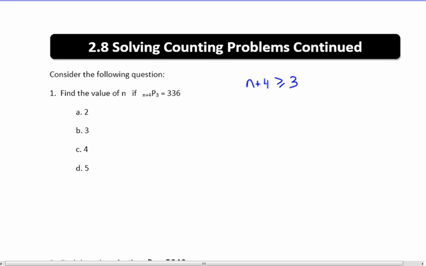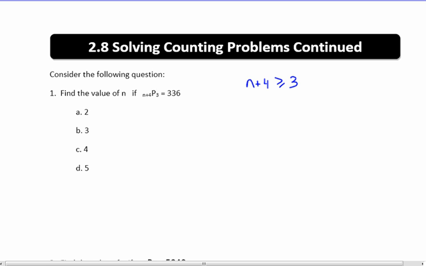That this over here, how many objects we have, has to be at least equal to or more than the number of objects we pick. Yeah, you can't pick out more or arrange more objects than you have. How do you arrange 6 objects if you only have 5 of them? Okay, so rearranging for n, how do I get n by itself there?